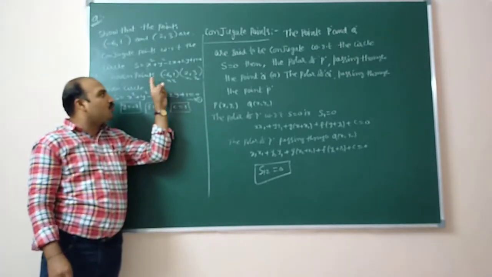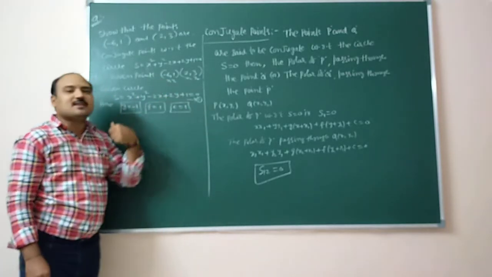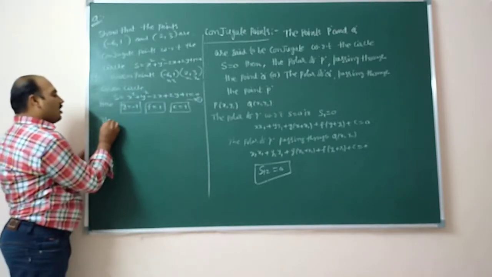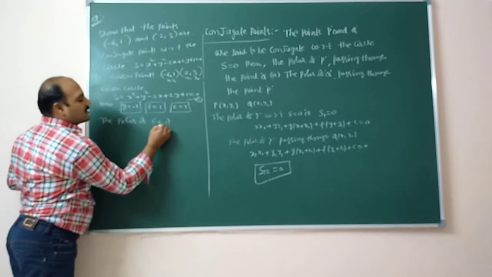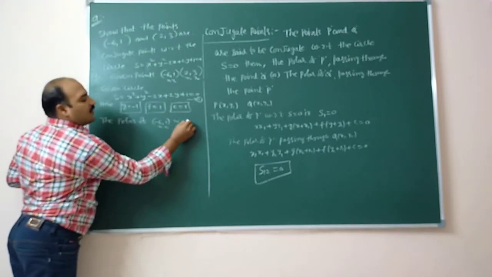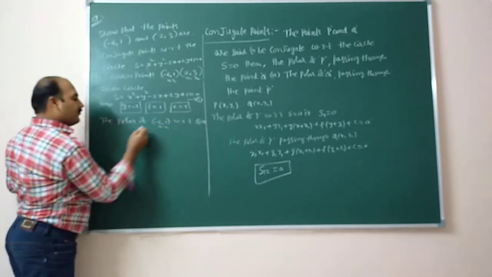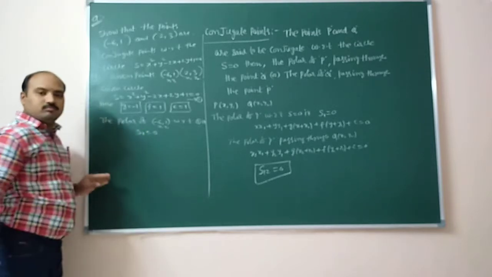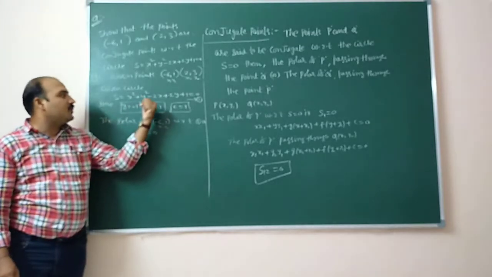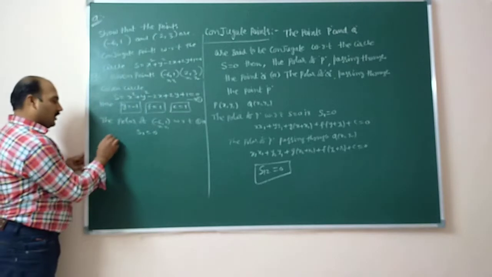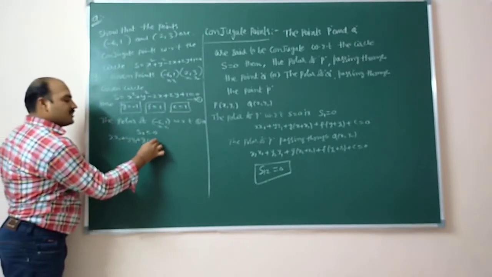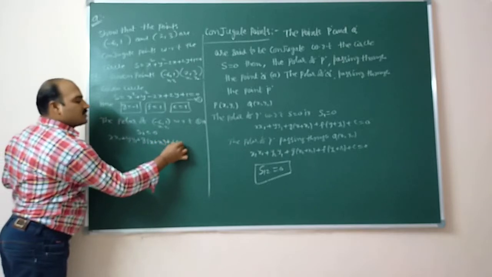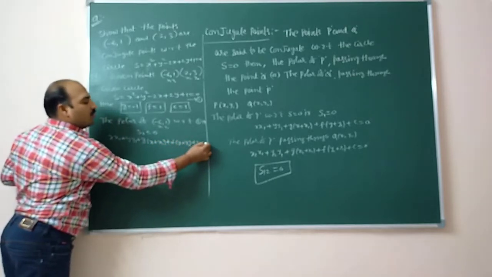Now, the polar of the first point (minus 6, 1) with respect to equation 1 is S1 equal to 0. So S1 equal to 0 with respect to this circle and this point is x x1 plus y y1 plus g into (x plus x1) plus f into (y plus y1) plus c equal to 0.